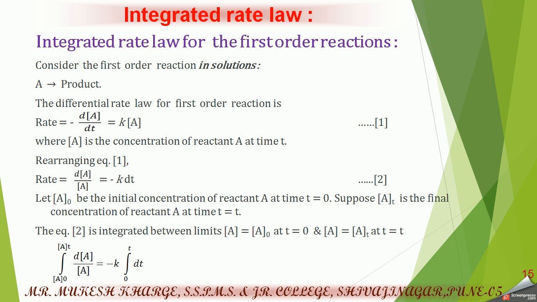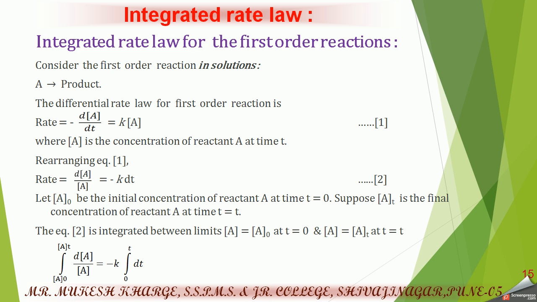Now we have to integrate this, but for that purpose we have to integrate within some limit. So let us suppose that A0 represents the initial concentration of that reactant A when time is 0, t is equal to 0. Suppose that At, with t as suffix, represents the final concentration of A at time t.